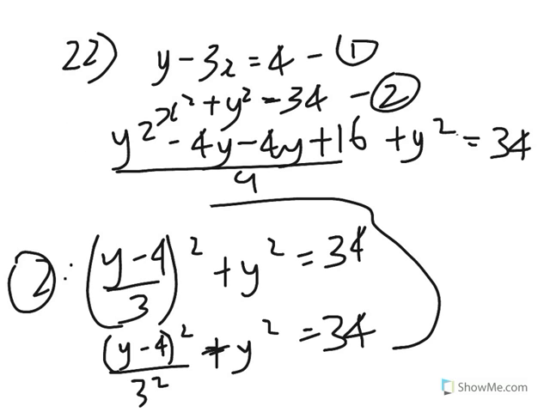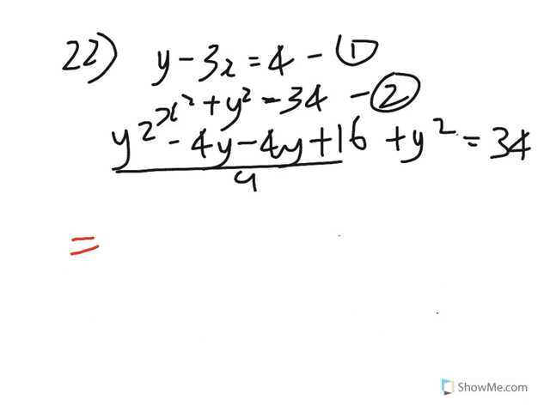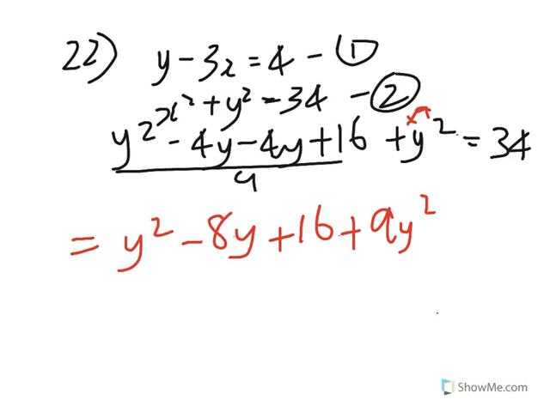Now, from here, if I get a common denominator, I multiply this by 9, and I get y squared minus 8y plus 16 plus 9y squared, over 9, is equal to 34. Multiply both sides by 9 and simplify this part over here.